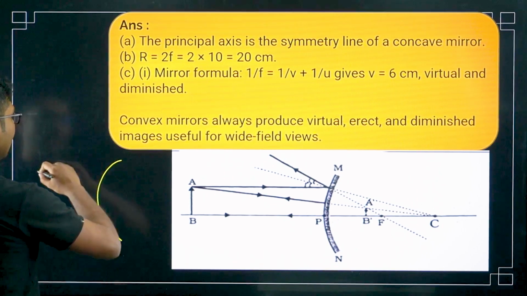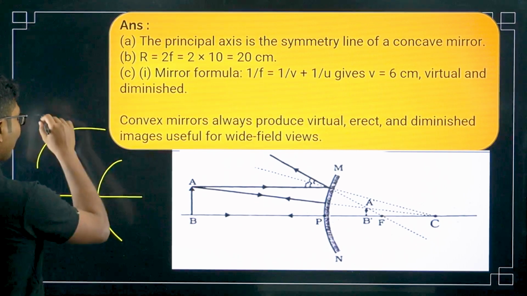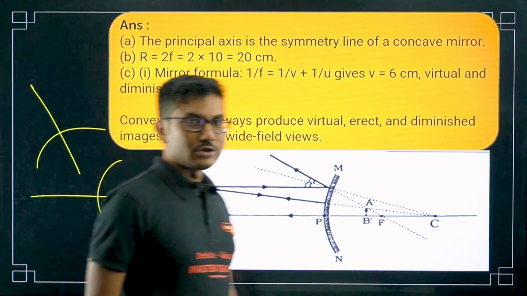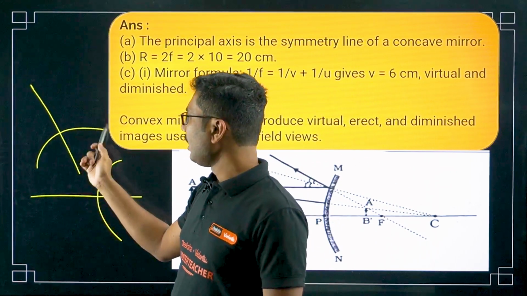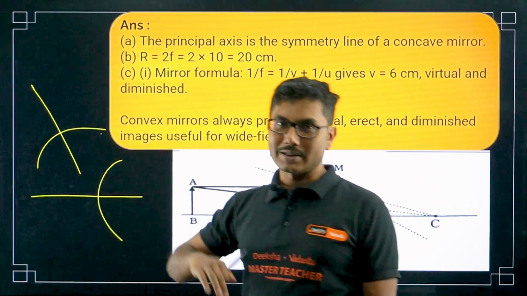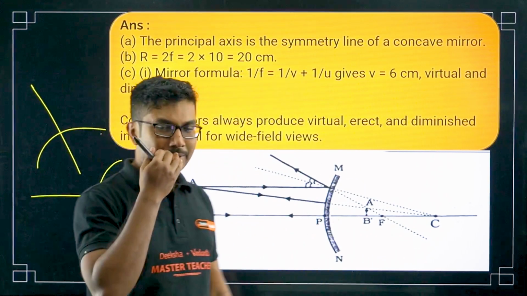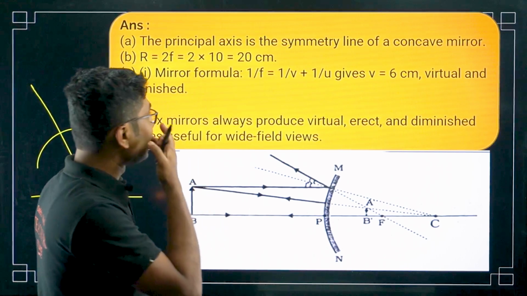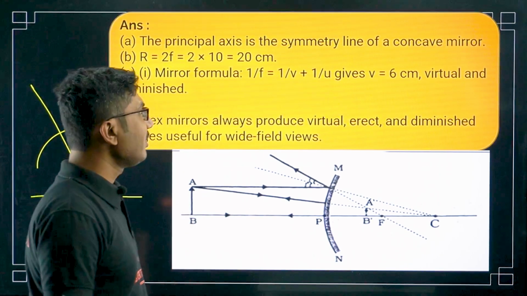Now if you rotate the mirror like this, the principal axis we generally draw like this will also change. So basically this line divides the mirror into 2 equal halves. That is why it is called the line of symmetry. You have learned symmetry in your mathematics, right? So the definition is: principal axis is the symmetry line for a concave mirror.